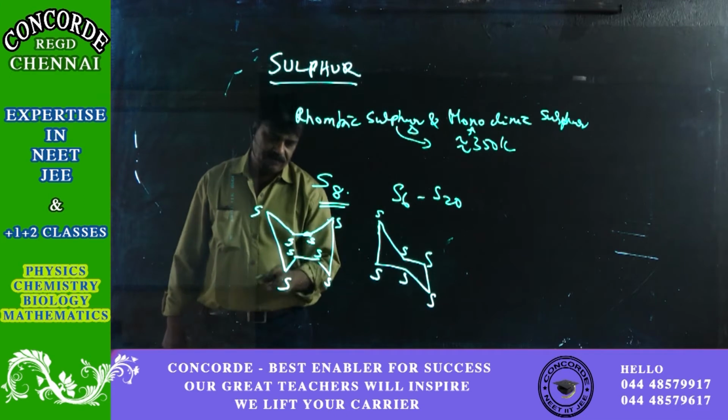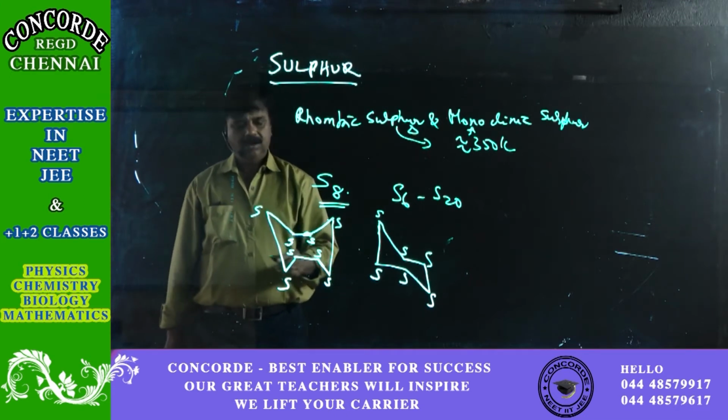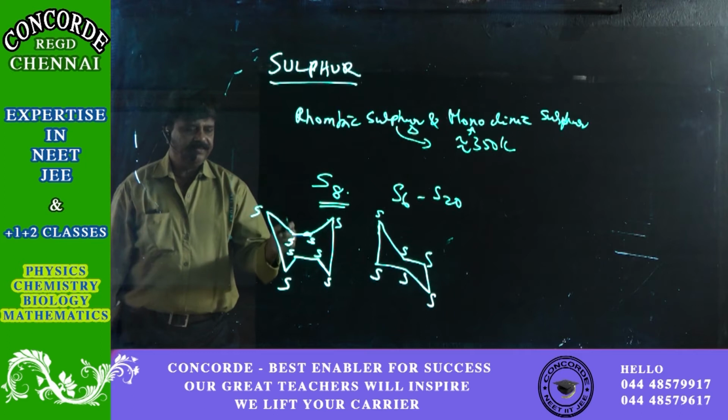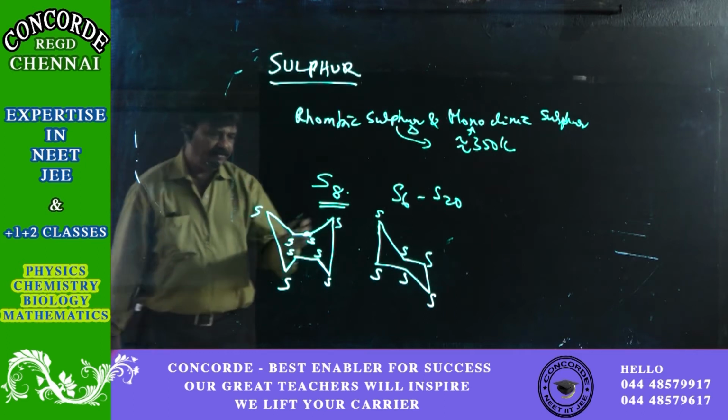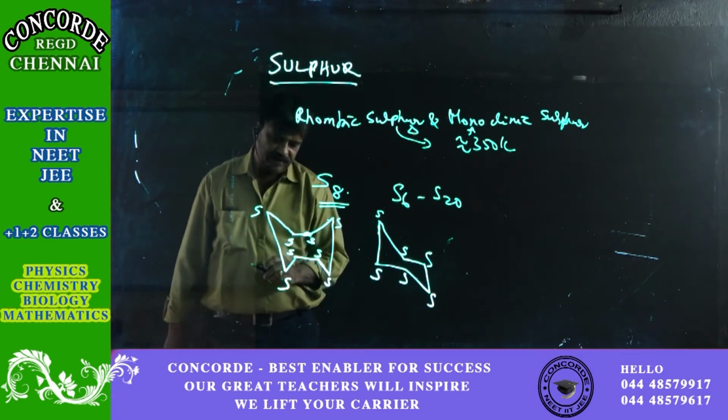So S6 and S8 forms, these are the structures. This is a chair-like form, and then it is a boat-like shape.